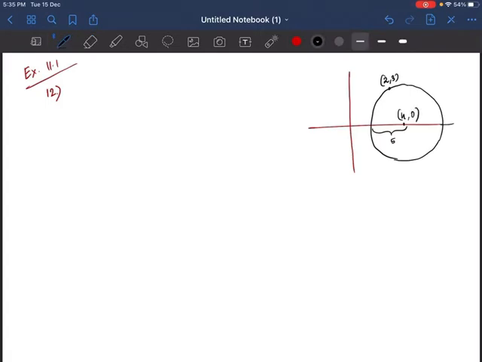So here we'll write, let the center of the circle be h, 0. So first I am assuming the center of the circle to be h, 0. Then I will try to write the general equation of the circle.